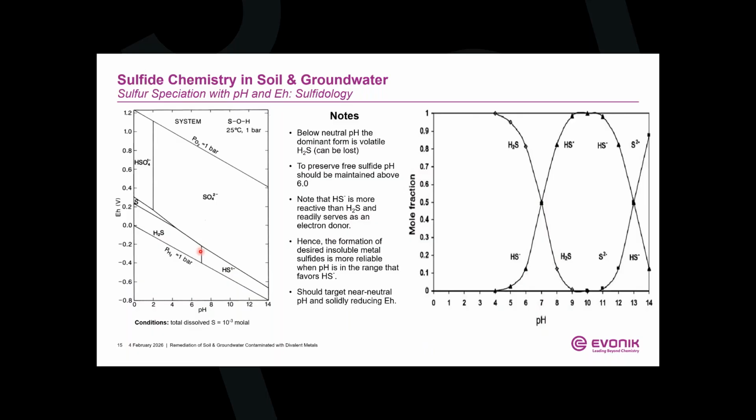You'll have an equilibrium. The farther to the left you go, more acidity, you'll have more H2S. The farther to the right you go, more alkalinity, you'll have more HS minus. So that's important to understand when looking at phase diagrams, that it's not a sharp line of demarcation. These are actually points of equilibrium.